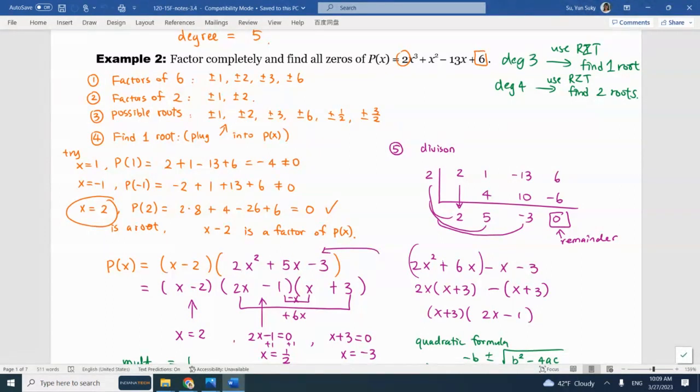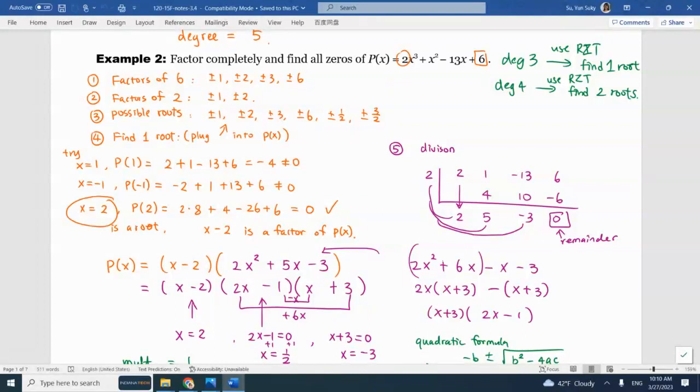All right. So we know x minus 2 is a factor. How do we find the other factors? We use long division or synthetic division. Long division works in general, no matter what the degree of the divisor is.